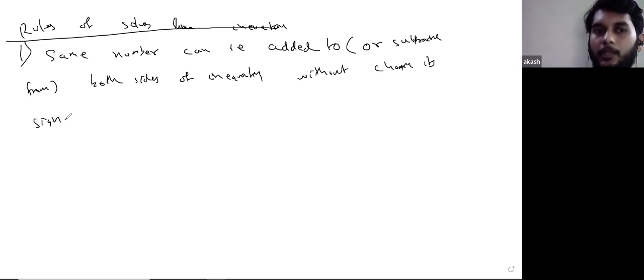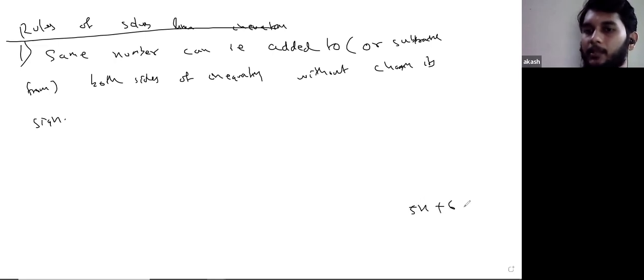What does this mean? Very simple. If you have x plus 6 equals 7, what do you do here? You solve like this: x plus 6 minus 6 equals 7 minus 6. Actually, what you do nowadays is take 6 to this side, right? But technically, what happens?